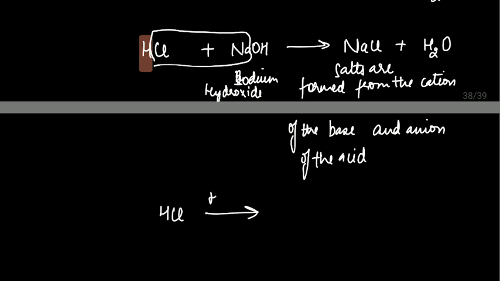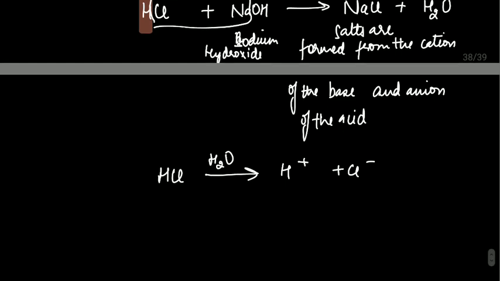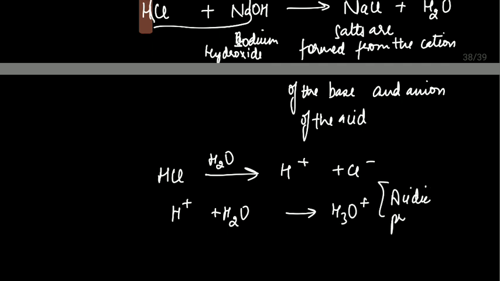HCl is manufactured in the form of gas initially; if you put it in water, it will form H plus and Cl minus ions. This H plus will immediately react with water and form hydronium ions, and this is responsible for the acidic properties of any acid.